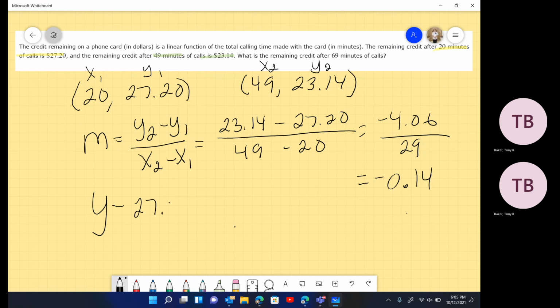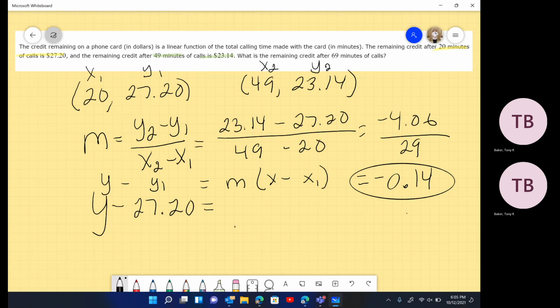So we're going to use 27.20 here, equals. So this is y minus y1 equals m times x minus x1. So it's the point slope equation. I know my m. My m is what I just found, right? So that's negative 0.14.